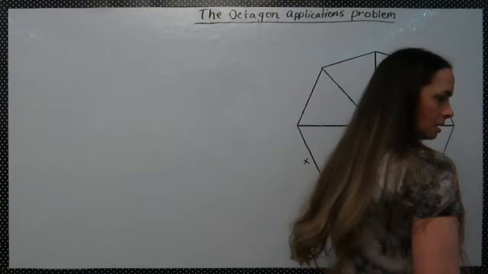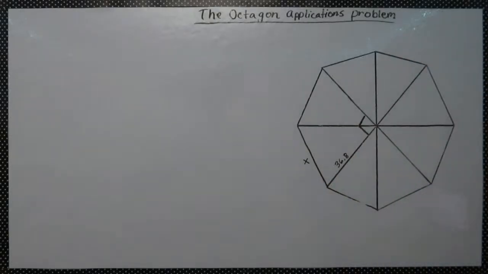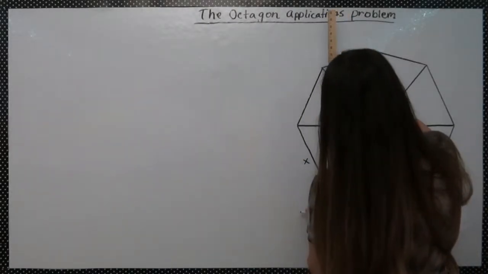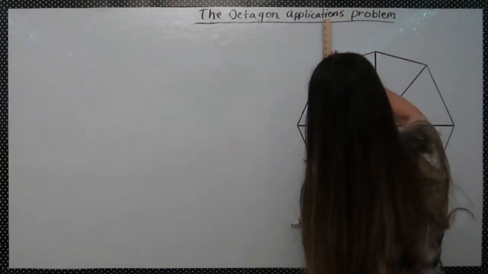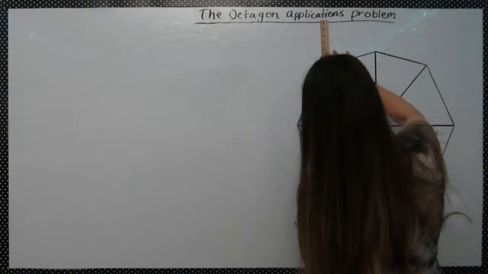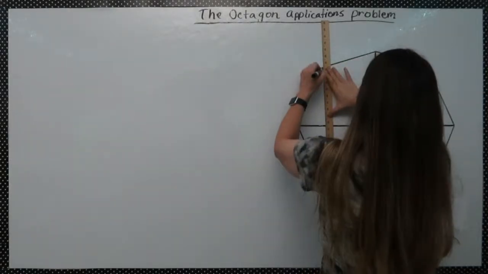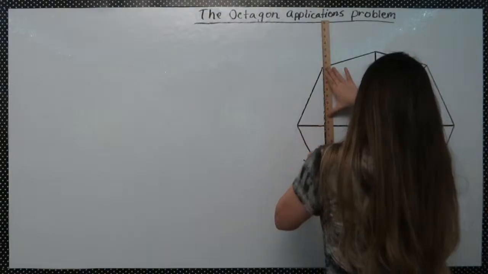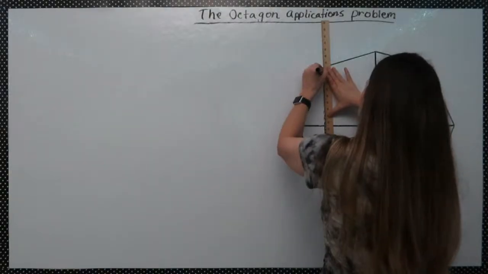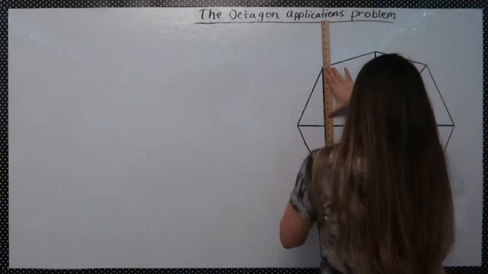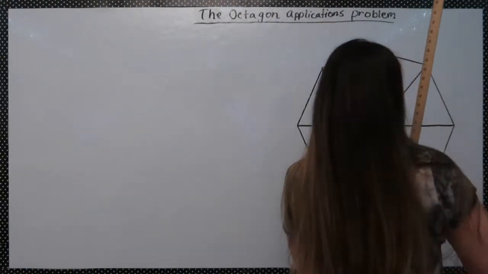And what I did was I took and I made a kite out of one of these. And I don't know if this is the official popular way to solve it. This is how I figured it out.